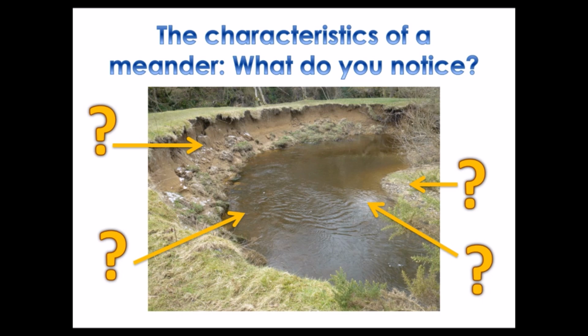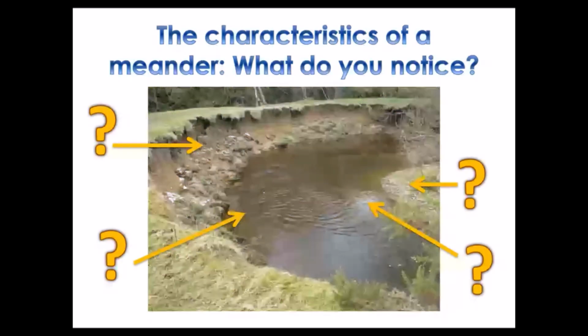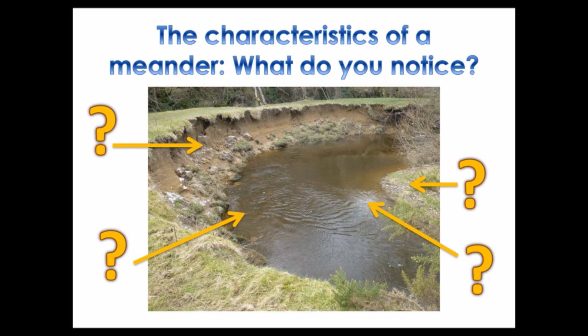It's very similar to the cliffs you might expect on a coast, albeit on a much smaller scale. On the right-hand side, if we were to compare to a coastal feature, it looks a little bit more like a beach. And this is an area of the meander referred to as the slip-off slope.